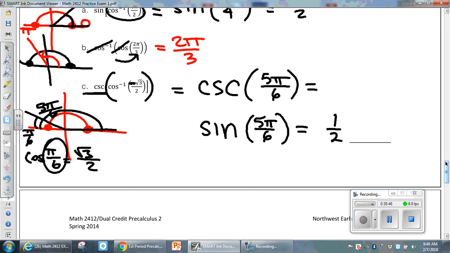Now, is the sign positive or negative in quadrant 2? Positive. The y. So then the cosecant, is it going to be positive or negative? Positive. And isn't it true that cosecant is the reciprocal of sine? So what's the reciprocal of 1/2? 2.